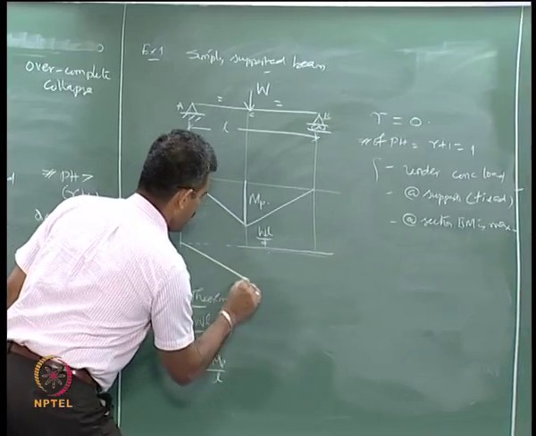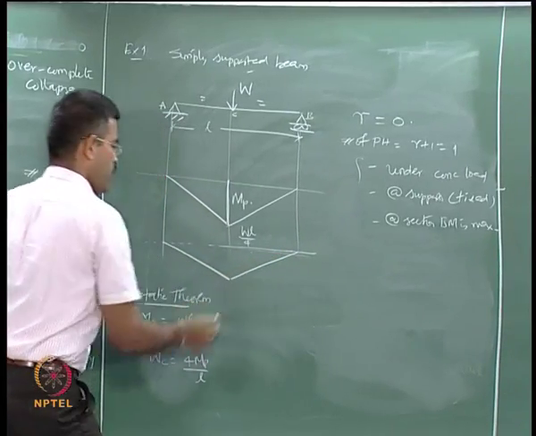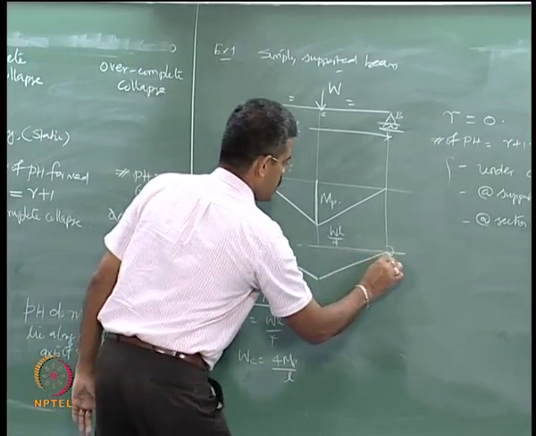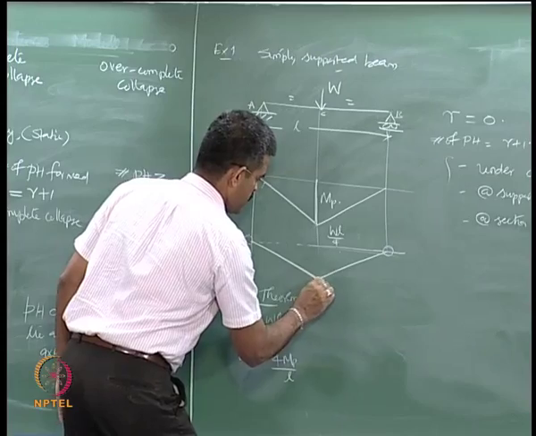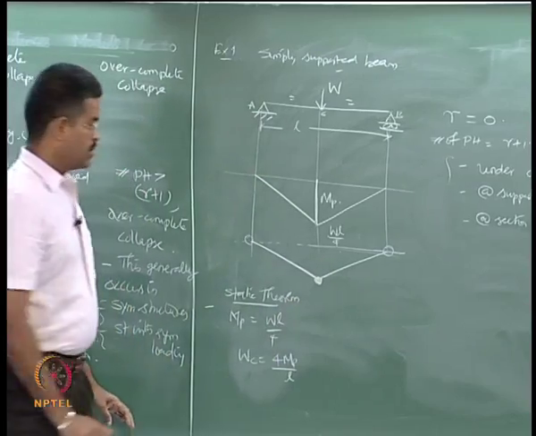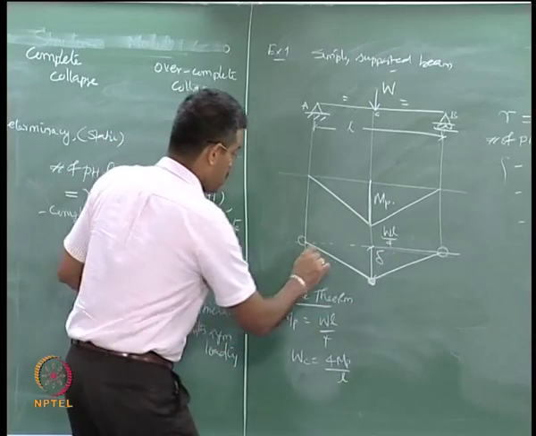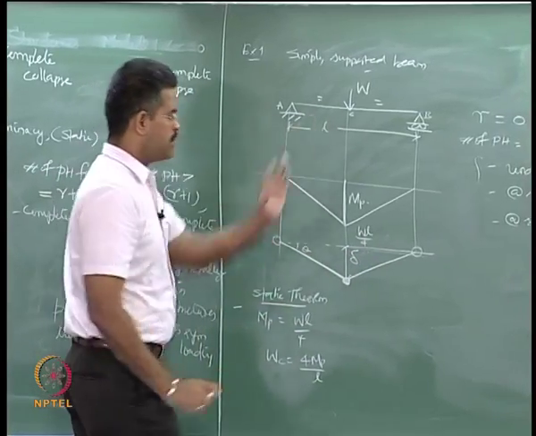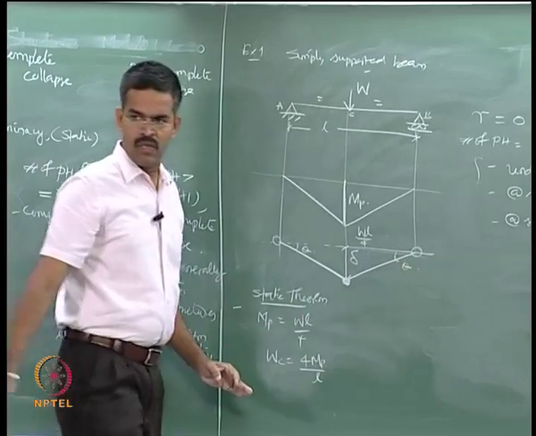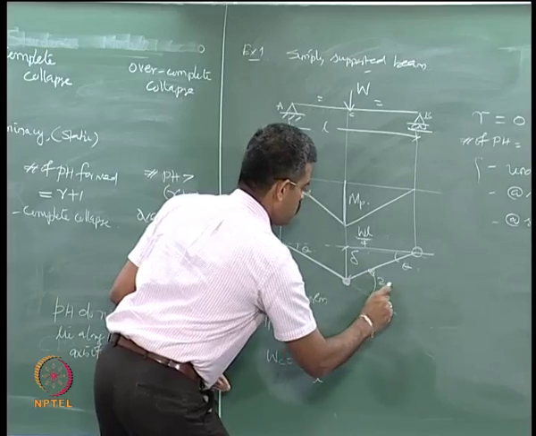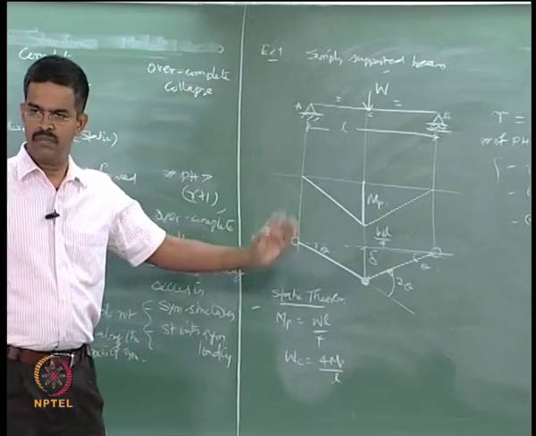Now this is going to be the deformed shape of the structure. There will be structural hinges here and a plastic hinge here, right. I call this deflection delta and this rotation theta. Because of symmetry, this will also be theta. You can agree that this tangent will have 2 theta rotation, is it not?